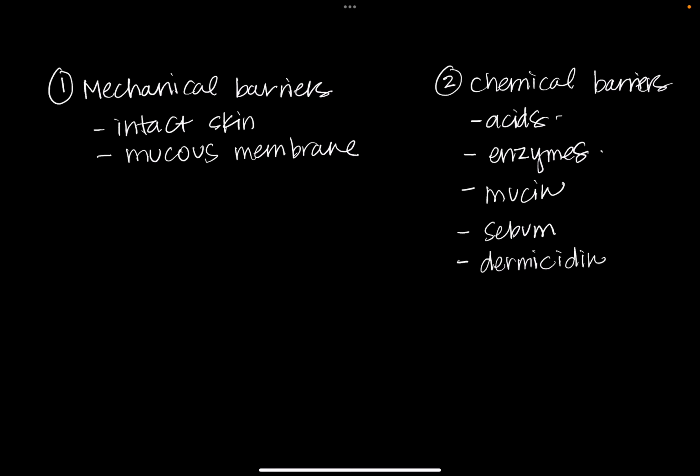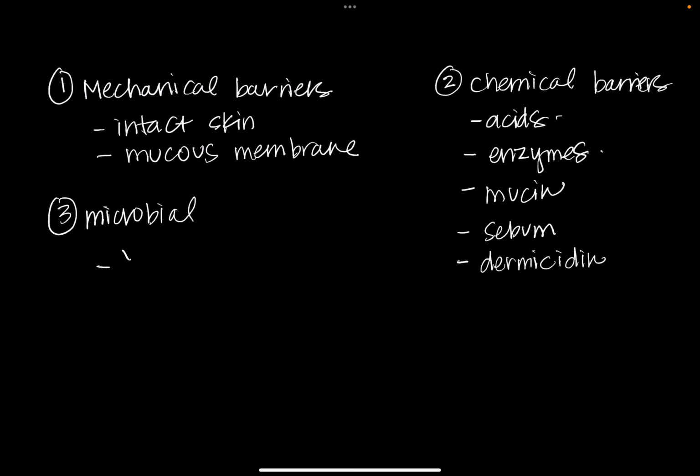The eccrine sweat glands. Those are the ones that turn on by changes in temperature. What was the other kind of sweat glands you learned about? Apocrine. And those get activated by stress and embarrassment, things like that. And I think that's it. There are more, but these are just some good examples, especially things that you've learned before that we can reintroduce now. And then the last barrier is going to be also your microbial barrier.